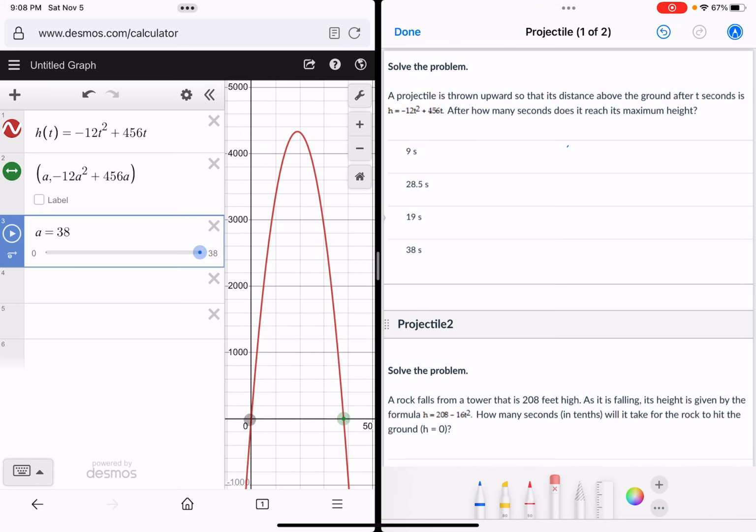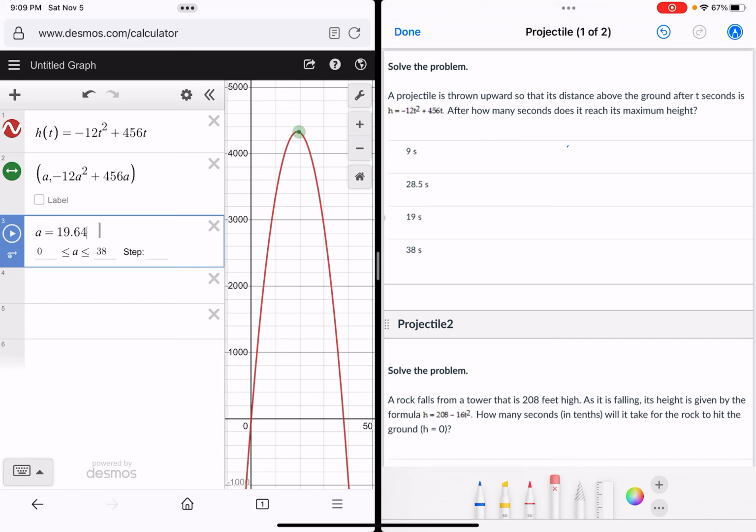Then from 0 to 38, the middle will be 38 divided by 2, which is 19 seconds. So you can see when you play here, it is 19.64.